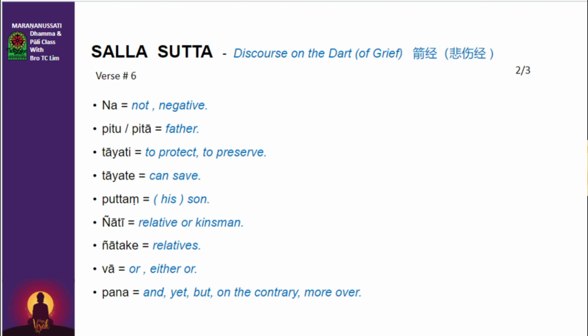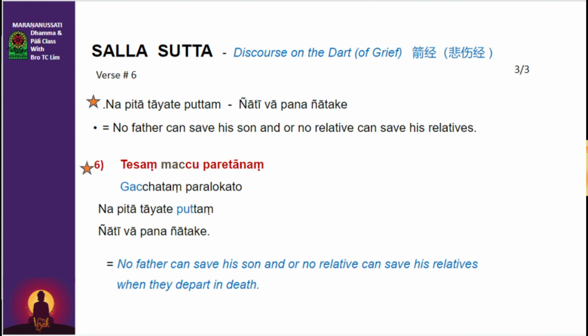Pana means and yet, but on the contrary, moreover. So na pita tayate putang, nyati va pana nyatake. It means na pita, no father. Tayate, can save. No father can save his son, or no relative can save their relatives. That's what it means.